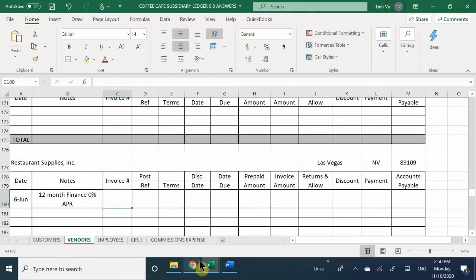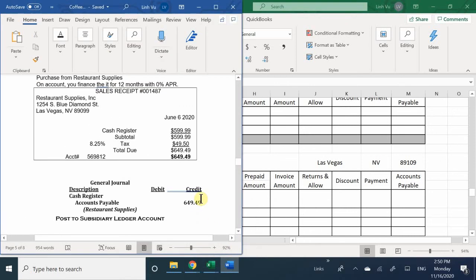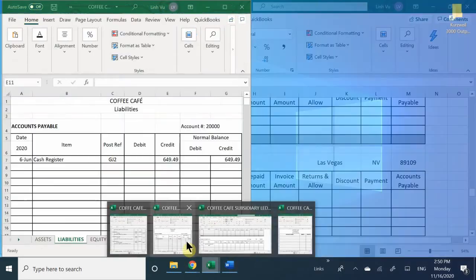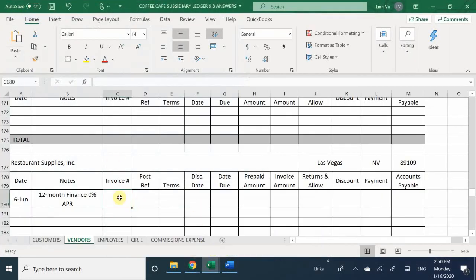We do have an invoice number. It's going to be the sales receipt number, which is 001487. Okay, post reference, general journal number 2.